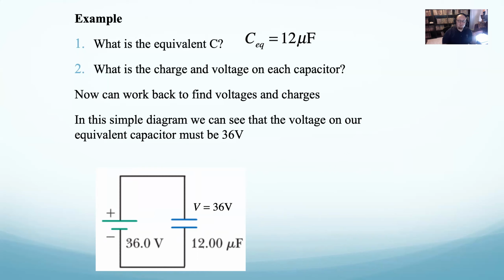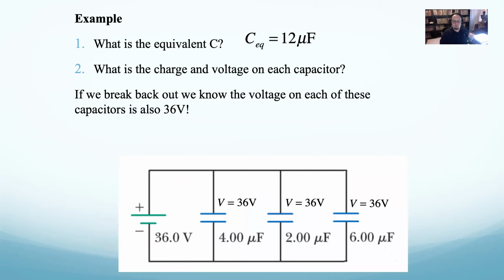That capacitor was made up of 3 in parallel. And if that capacitor is made up of 3 in parallel, well, in parallel, all the capacitors have the same voltage. And all the capacitors have the same voltage as the battery. So really, that one is made up like this. Well, each of them have 36 volts on them because they're in parallel.